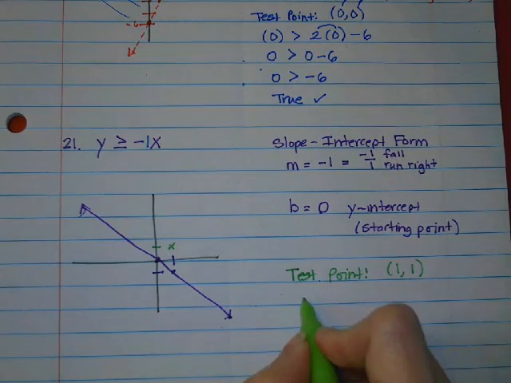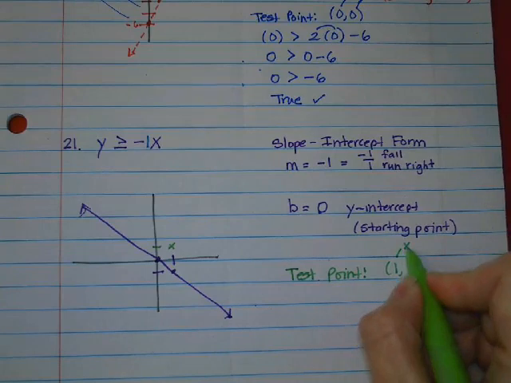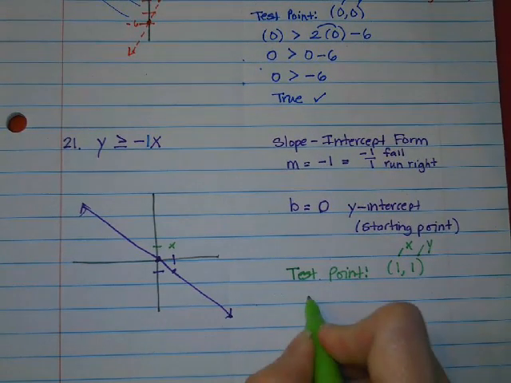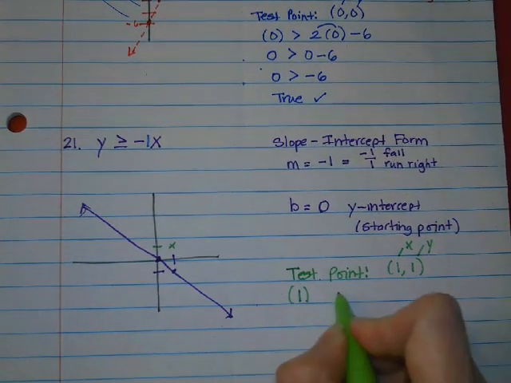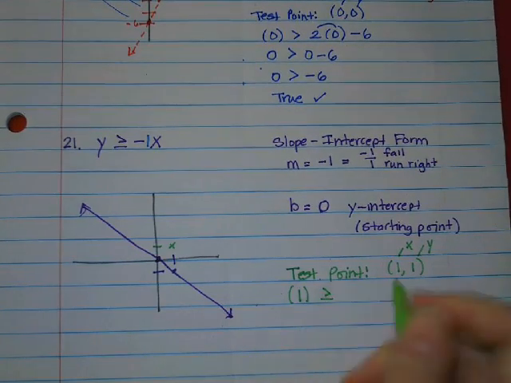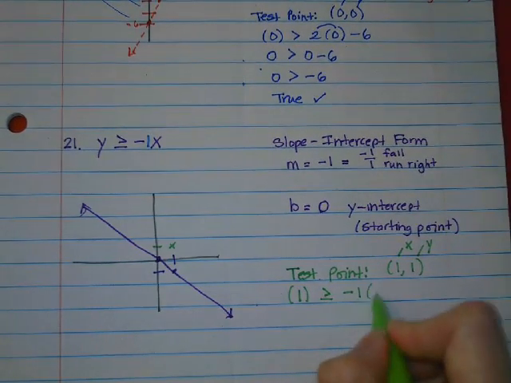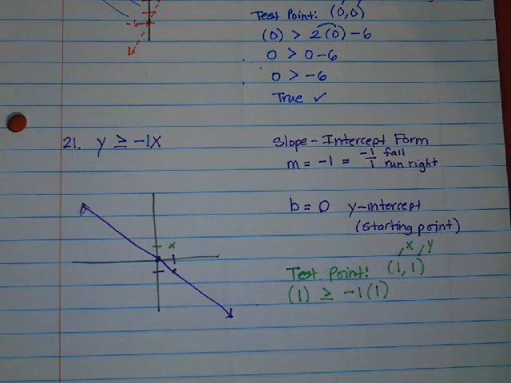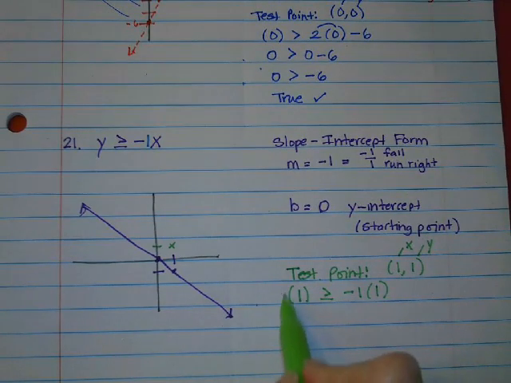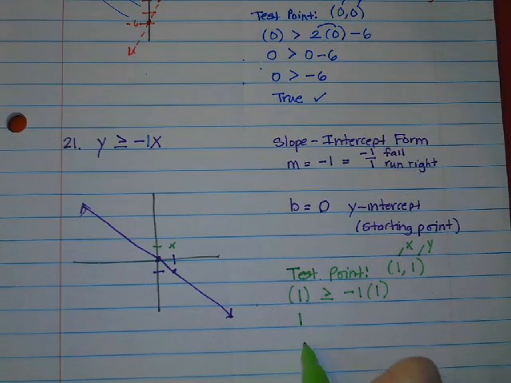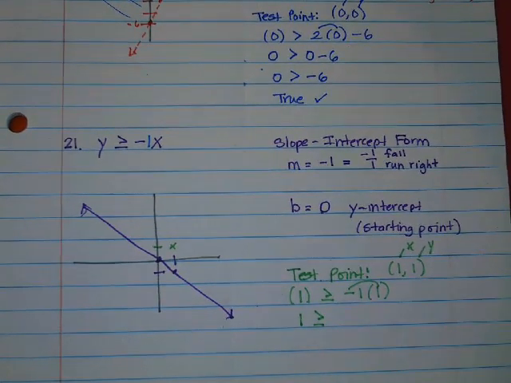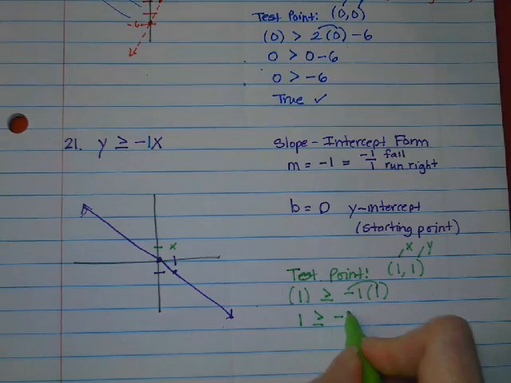So we'll replace y with 1 because my x value is 1 and my y value is 1. Remember to always use those parentheses when you're substituting. There is no value in front of my 1 to distribute, so it just stays 1. Greater than or equal to, I'll distribute. -1 times 1 is -1.